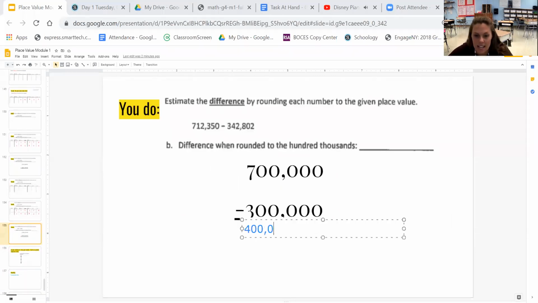When you subtracted, you should have got 400,000. Now, again, when we're rounding, we know it's not the exact answer. It's going to be approximately, about, around. It's just a way to kind of double check our work, see if we're close or if we did something way off, okay?